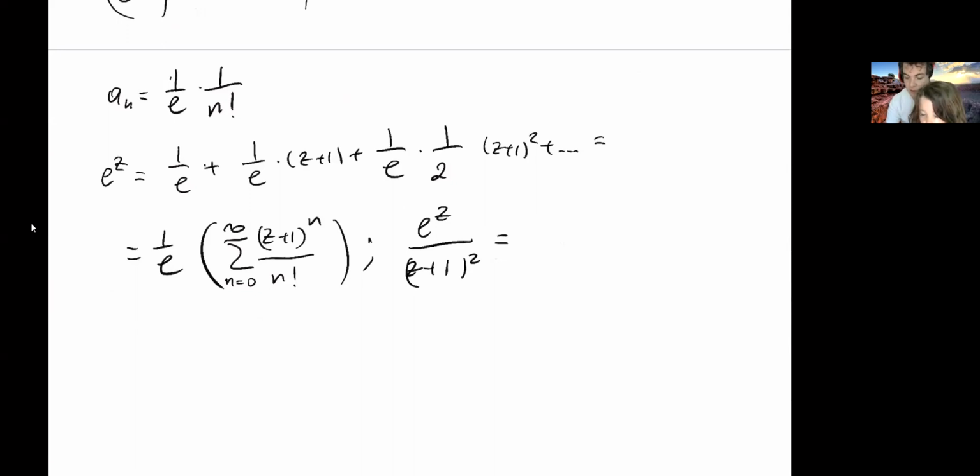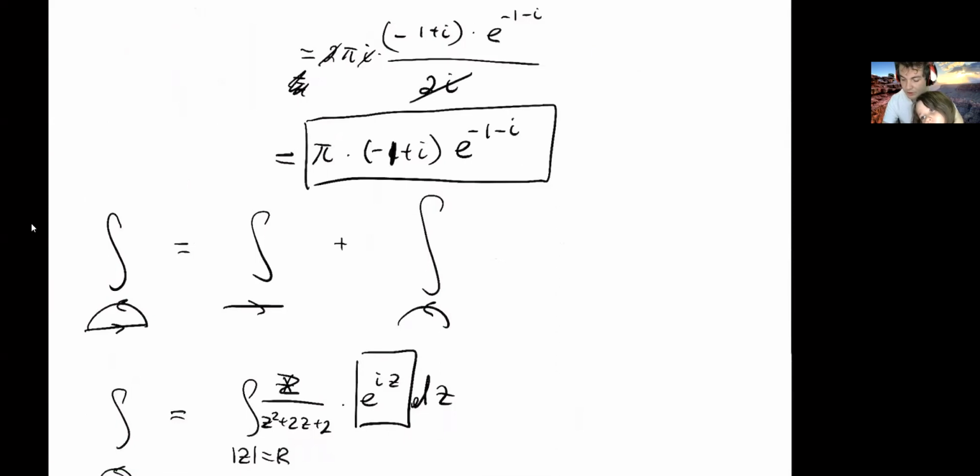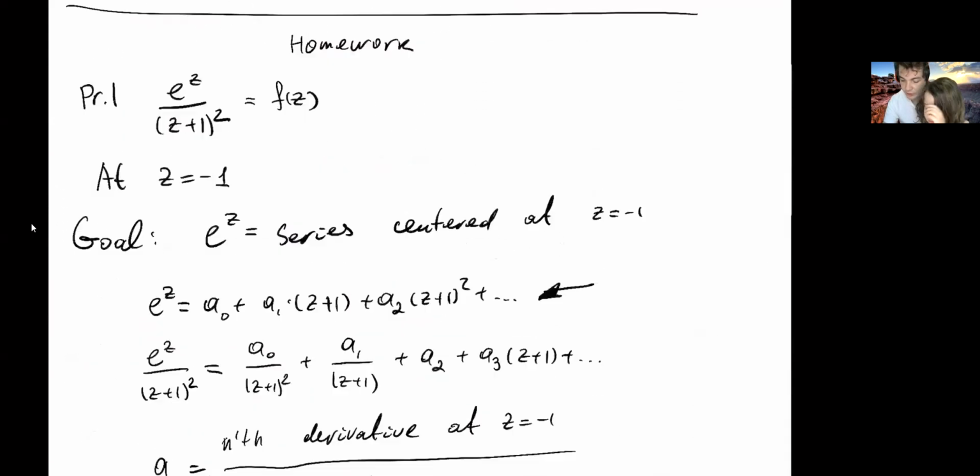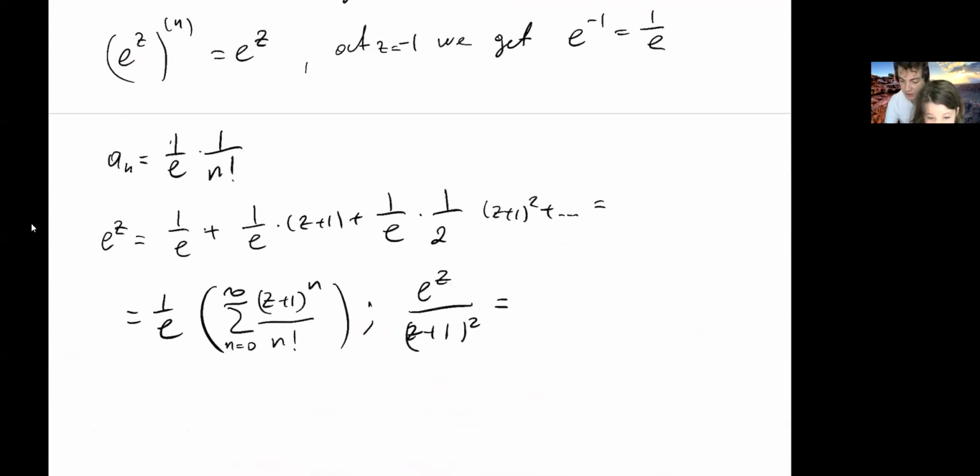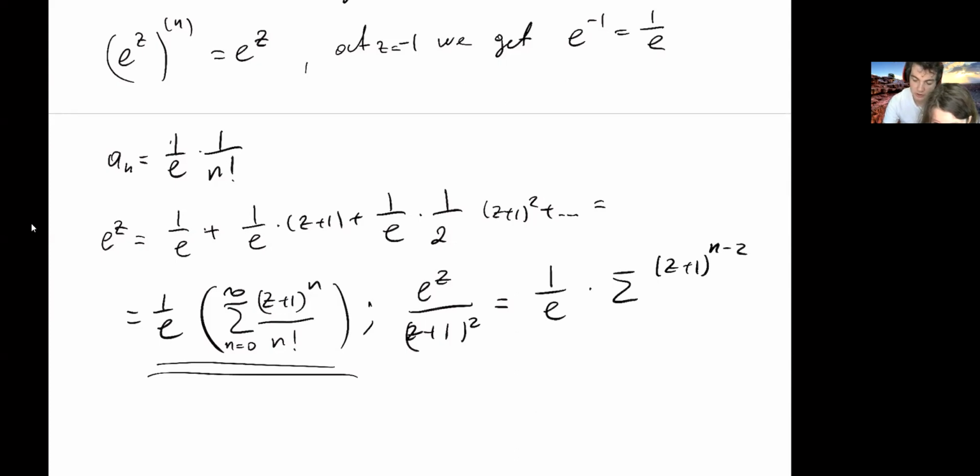So either you use the first line and just write several terms and then dots, or you can use this formula. I'll use this formula: 1 over e times the sum of (z plus 1) to the power n minus 2, divided by n factorial.